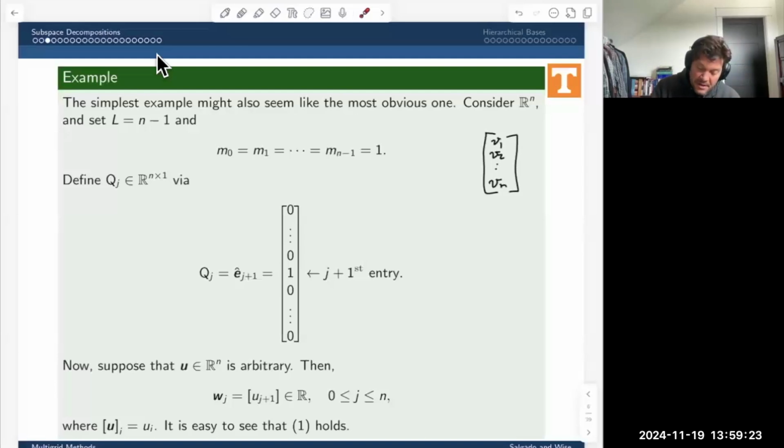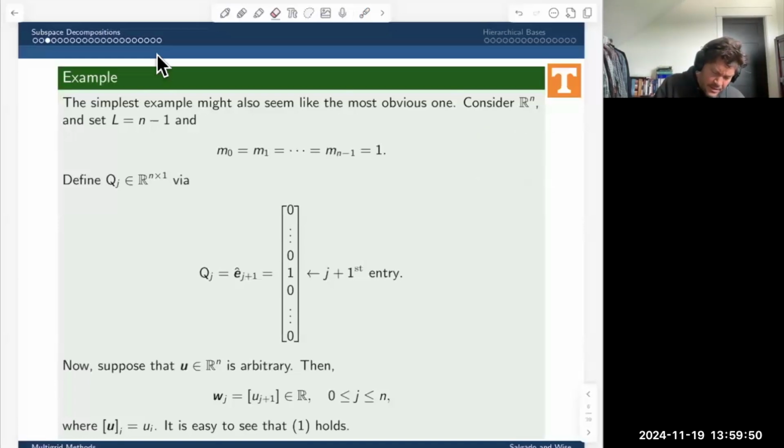So what I'm going to do is think about splitting this into basically n copies of R^1, where each of those copies in R^1 is going to have these coordinates in them, okay? So how would I define my Q matrices and my w vectors given some arbitrary u to make this happen?